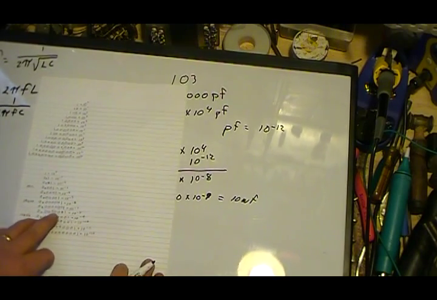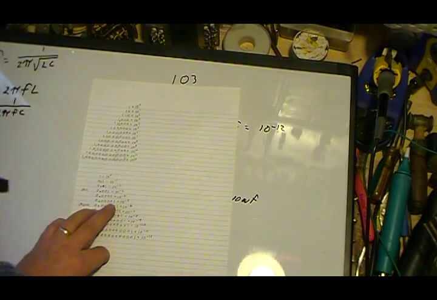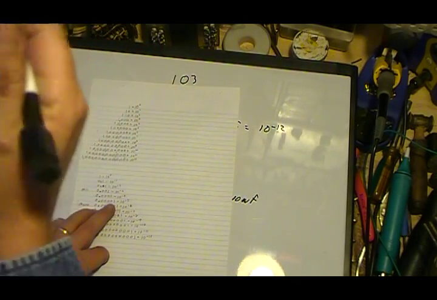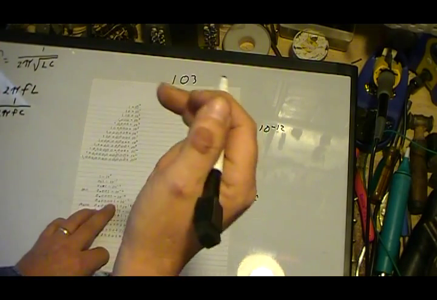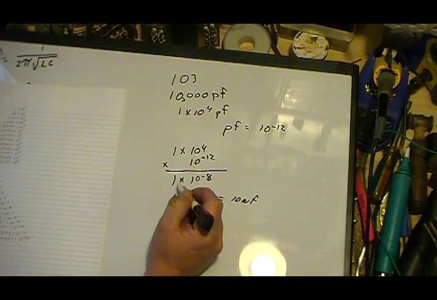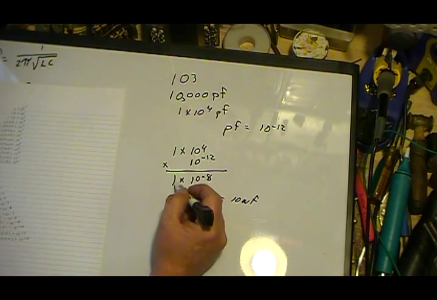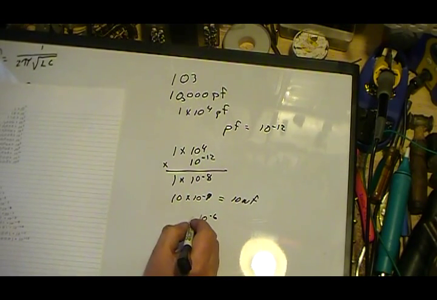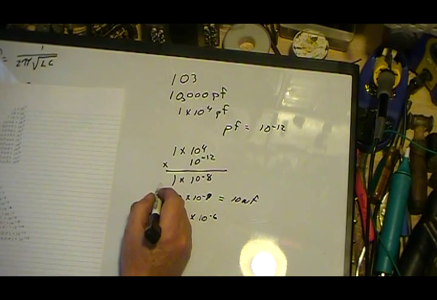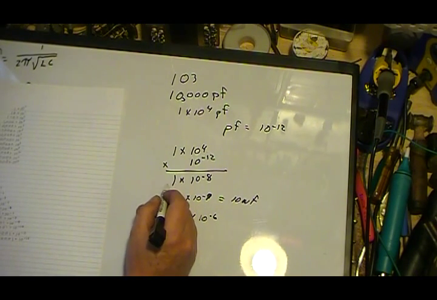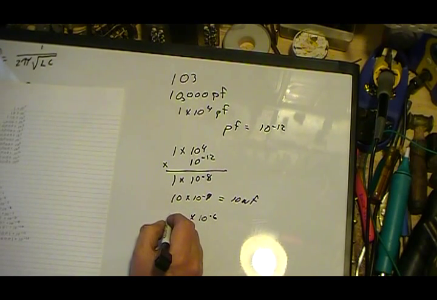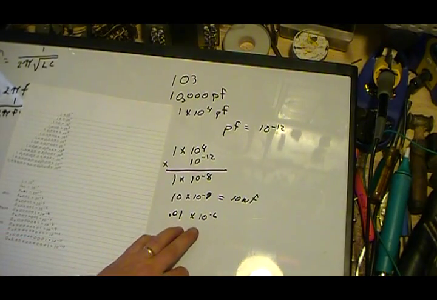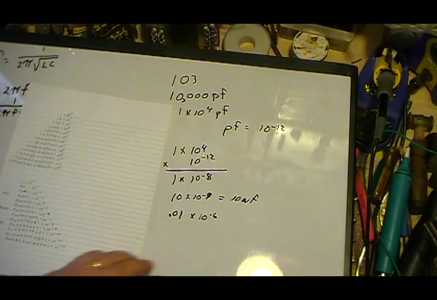Well, when you move up the scale, you move the number to the right, add zeros in front of it, but you're actually moving the decimal point to the left. So if I want to make that minus 6 for microfarads, then I've got to move over that decimal point a couple places. So then I'm going to have a 0.01 there instead to get it to 10 to the minus 6.